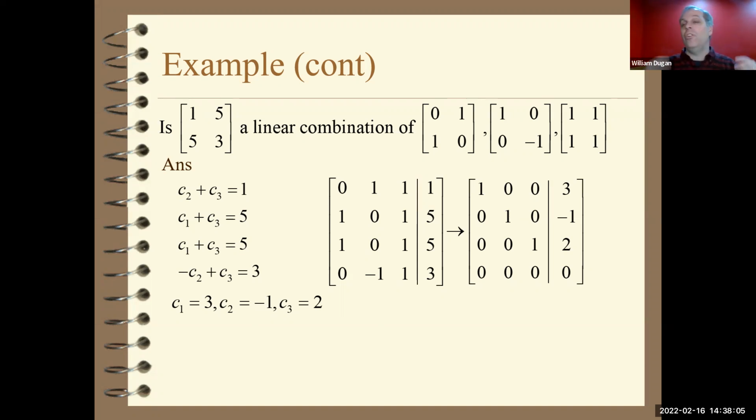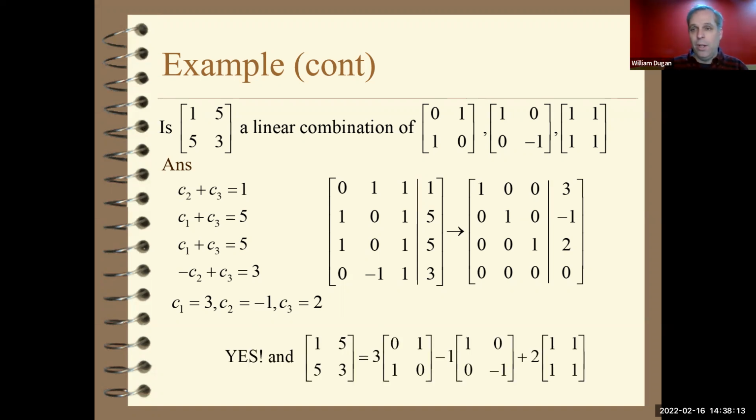Is there a choice of scalars C1, C2, and C3? And there is. In fact, if you write it down, you see that the matrix 1, 5, 5, 3 is 3 times the first matrix minus 1 times the second matrix plus 2 times the third matrix of the 3 matrices that I gave you. So the answer is yes, that matrix is in fact a linear combination of those 3.